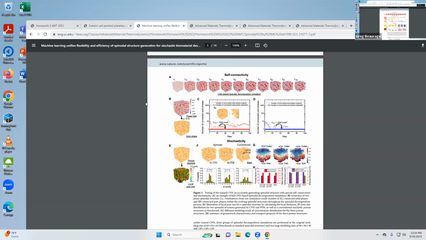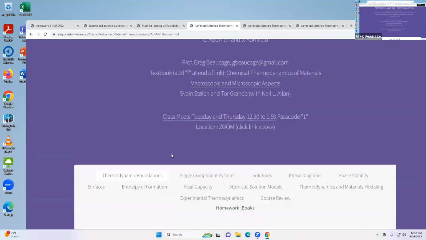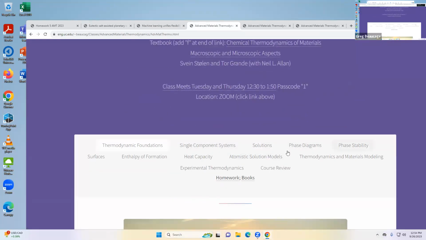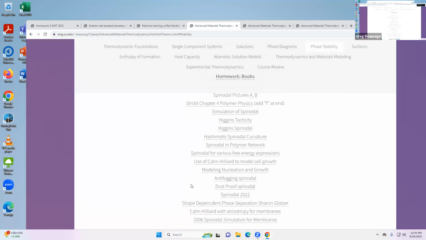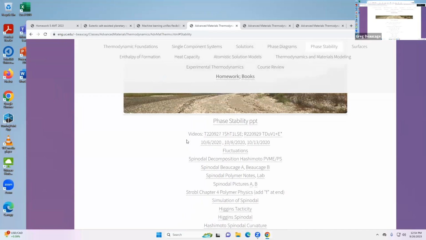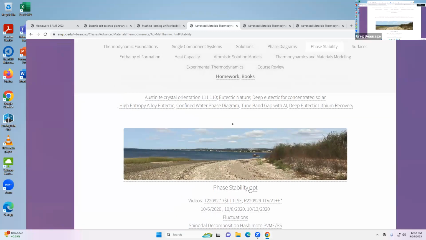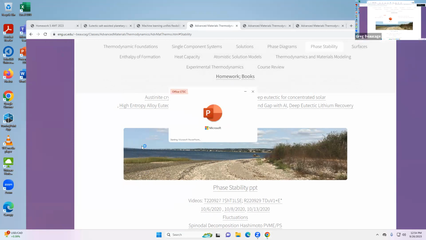I'm trying to just stick exactly to the thing. But anyway, in the book he calls this chapter phase stability. For the most part, he can do spinodal decomposition, which is kind of a main subject, but it's more of an academic main subject.